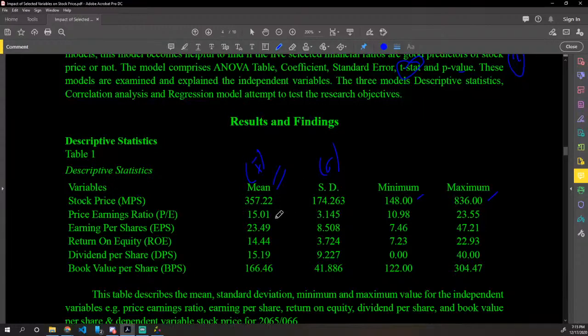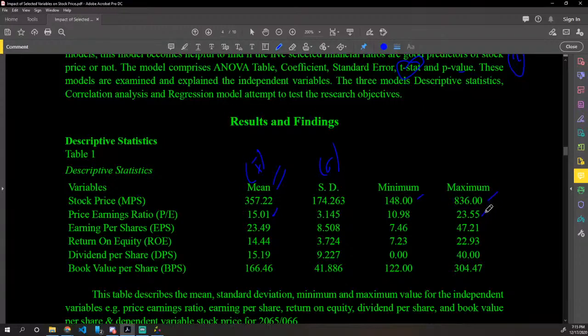Price earning ratio, mean was 15, standard deviation was 3. That's not so much, but it's kind of dispersed, right? Minimum is around minus 3.12, and then more on the higher side.